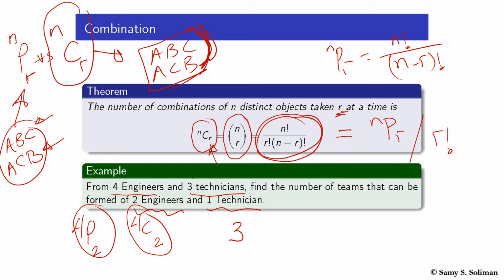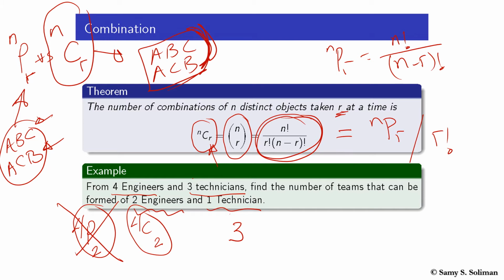A combination of engineer 1 and engineer 2 is exactly similar to a combination of engineer 2 and engineer 1. So the order does not make any difference, and hence we don't need to use the permutation. So the correct answer here is that there are 4C2 ways to choose 2 engineers out of 4 engineers.